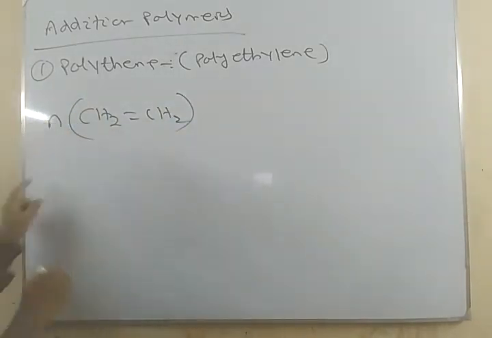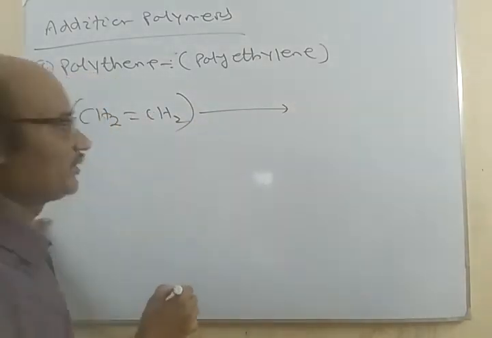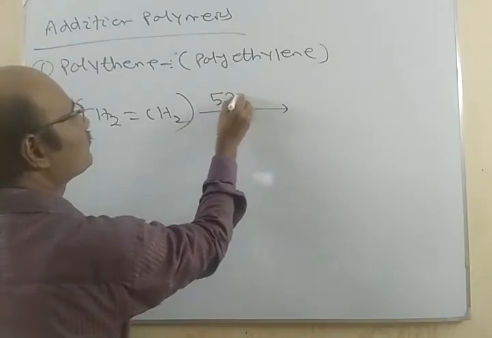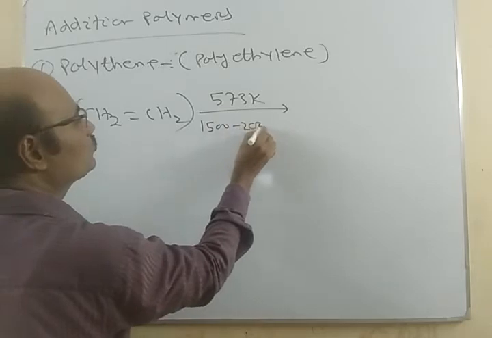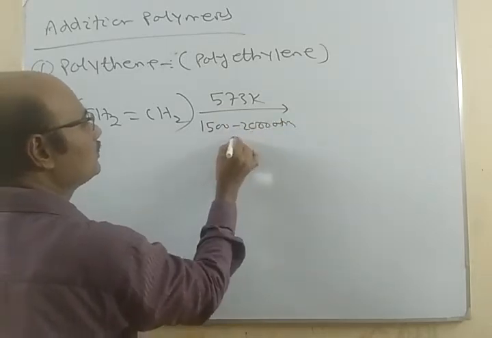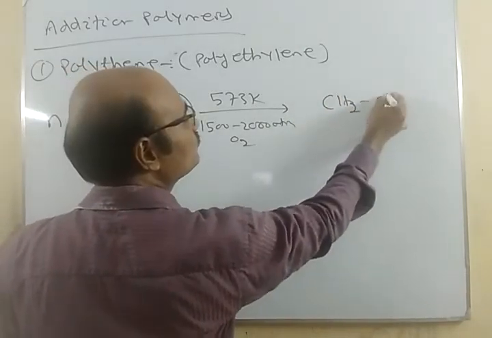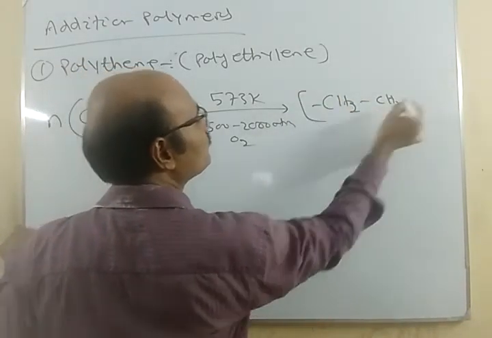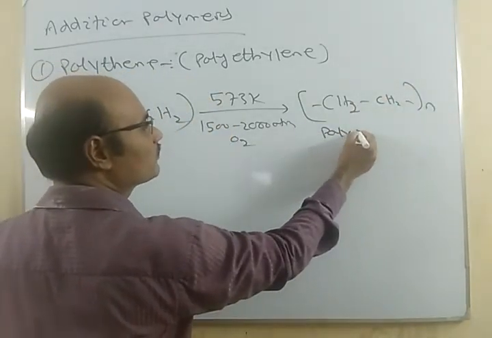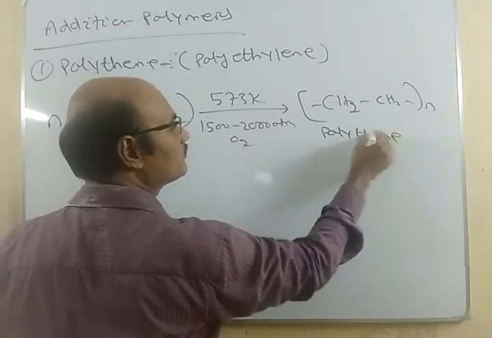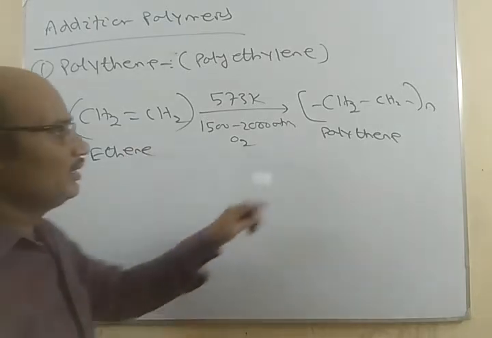Now when n number of ethene molecules undergo polymerization at 573 Kelvin, 1500 to 2000 atmosphere pressure in presence of oxygen, you get (CH2-CH2)n. This is called polythene.